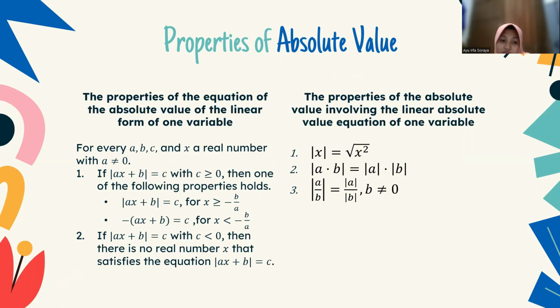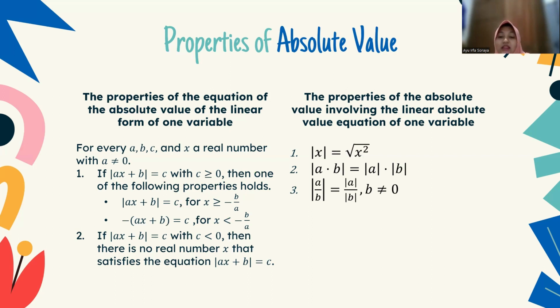The first property is: ax plus b equals c for x greater than or equal to negative b over a, and minus (ax plus b) equals c for x less than negative b over a. The second is: if the absolute value of ax plus b equals c with c less than 0, then there is no real number x that satisfies the equation.